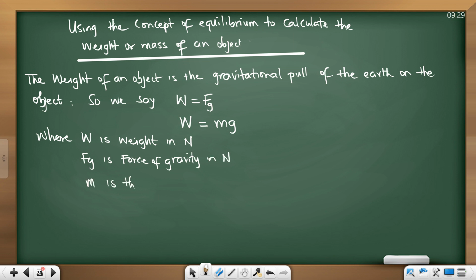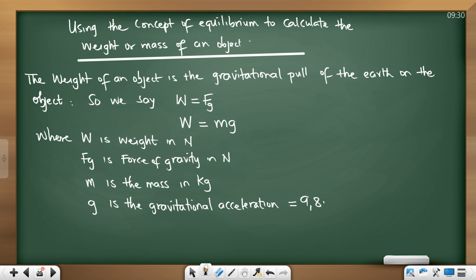M is the mass of the object in kilograms, and g is known as the gravitational acceleration. We did this in grade 10 when we were talking about potential energy. All right, and this is 9,8 meters per second squared downwards. We all know this. This is not the first time you are coming across the 9,8.